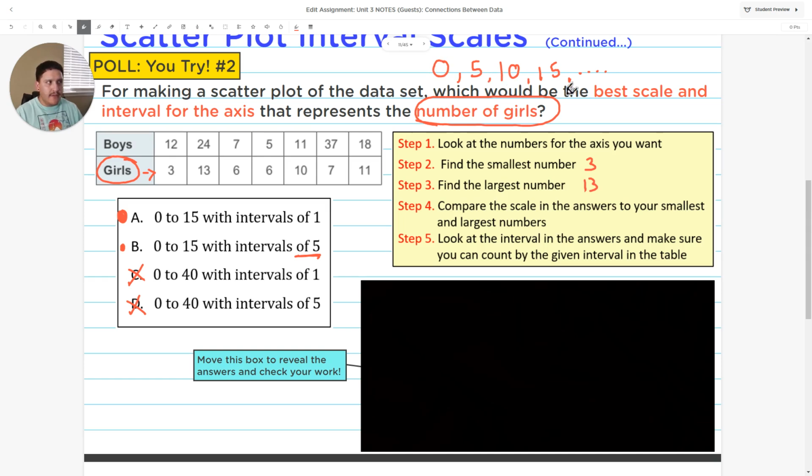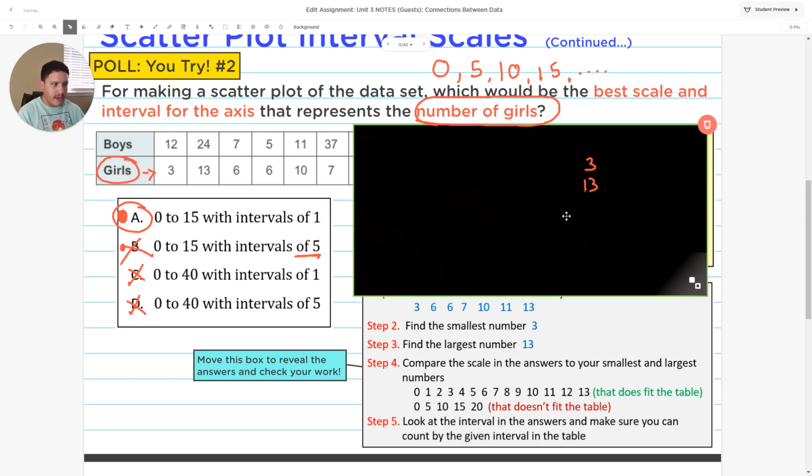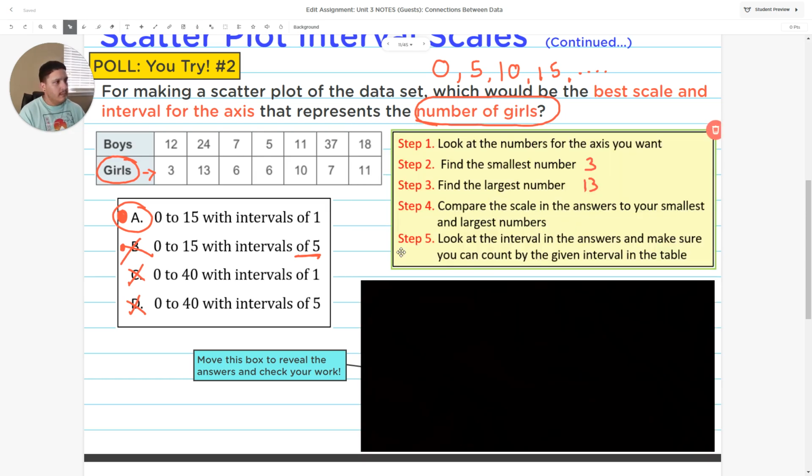We go straight to 5, 10, 15, and we miss a lot of these even and odd numbers right here that are between 0, 5, 5 to 10, etc. So B is not our choice. A makes the most sense. And then you can check your answer right here to see how that works. And there we go. That's it for you try number 2.